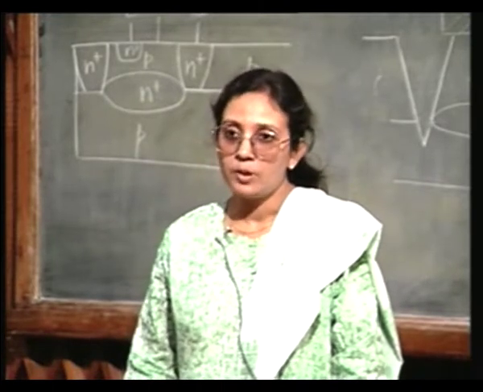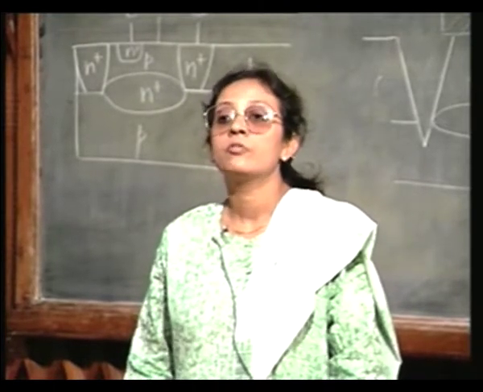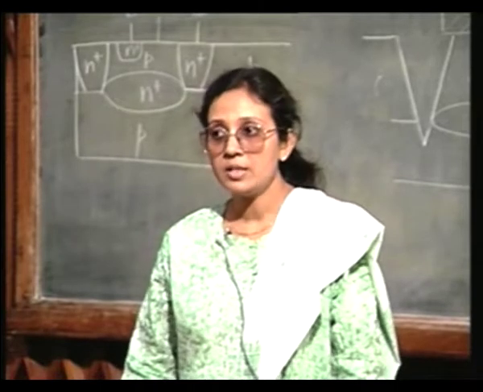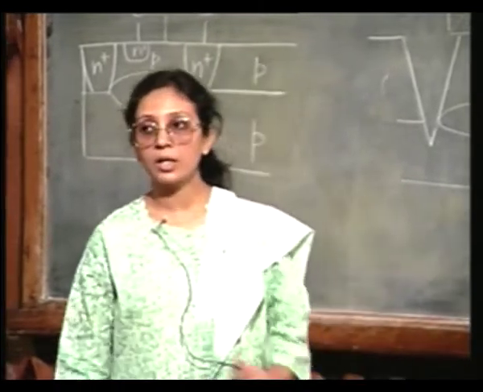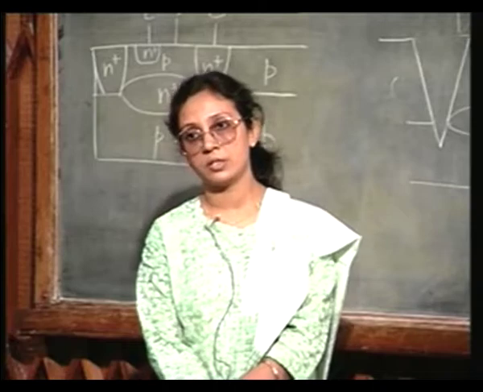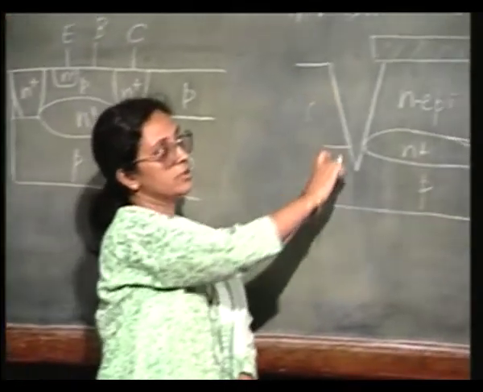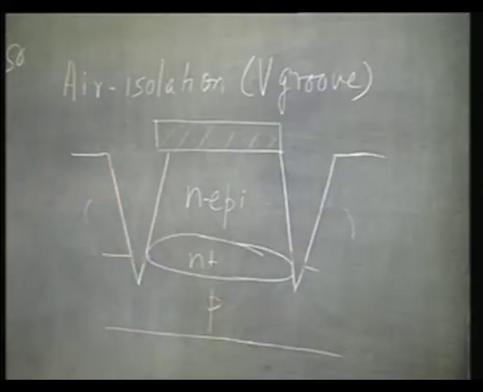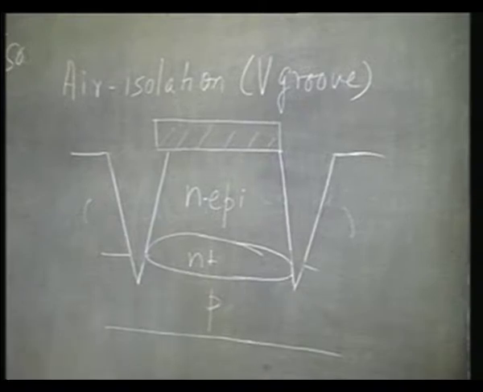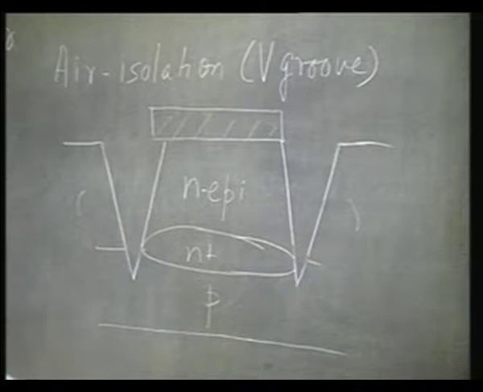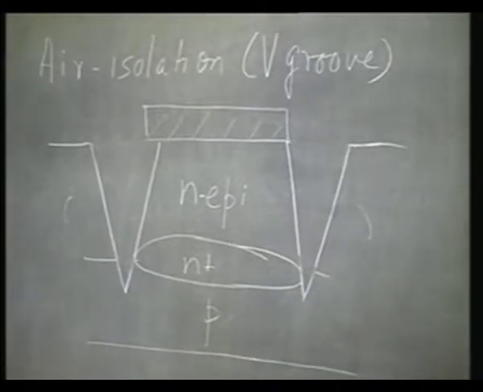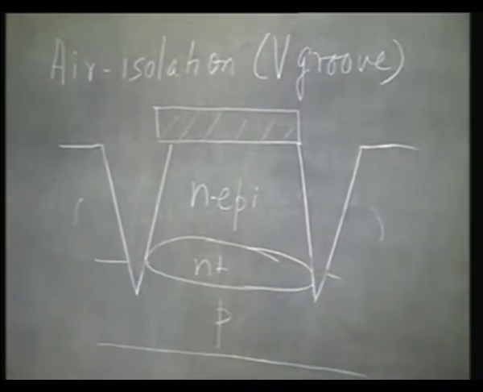The other problem, of course, is the problem of topography, that is, it is no longer a planar technology. Look at the surface, it is all ups and downs, and with these V grooves etched in it, if you try to do any photolithography, you will have a very tough time indeed.